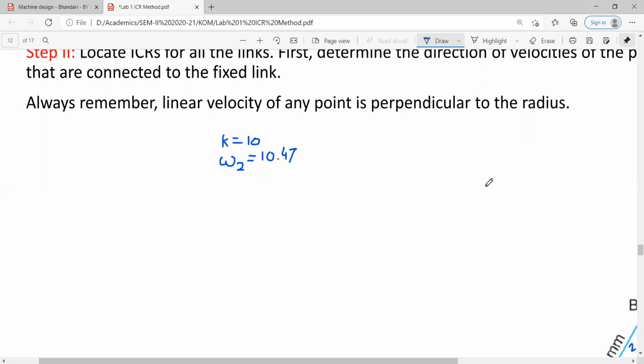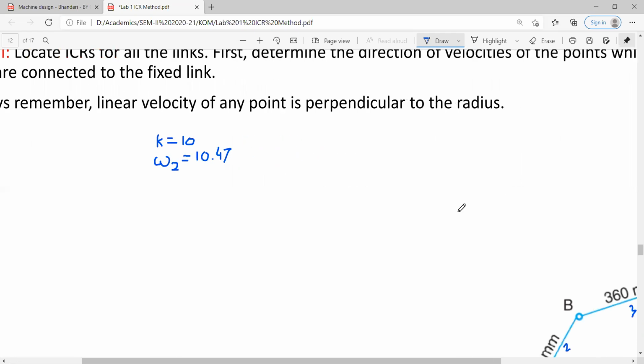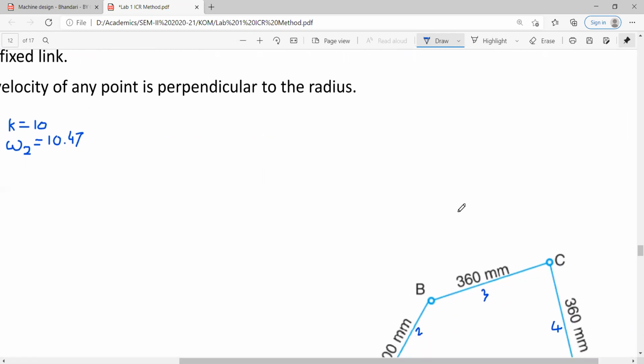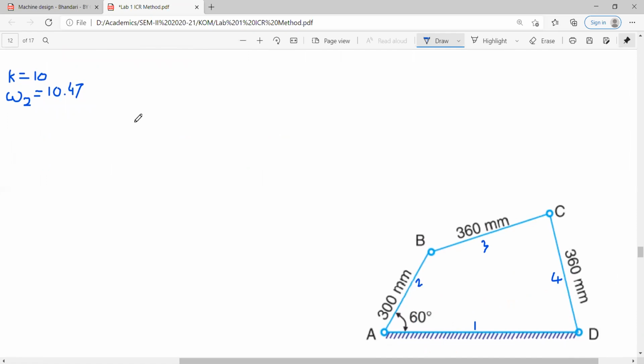You understand that the unit is radian per second. I am not writing the unit over there, but you write it 10.47 radian per second. After it, you have to find out ICRs for this particular mechanism.